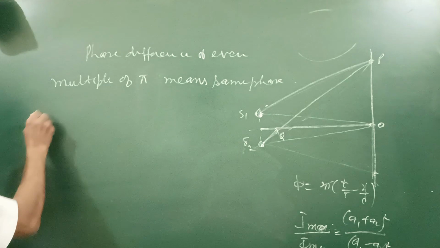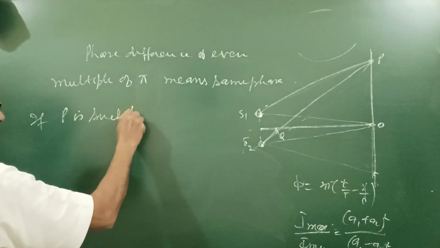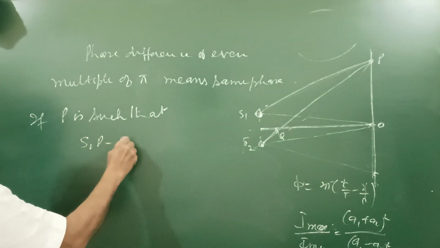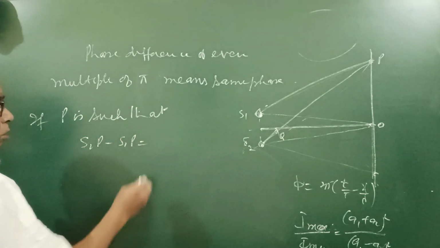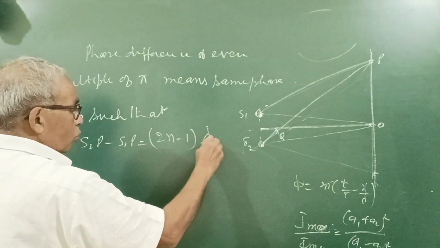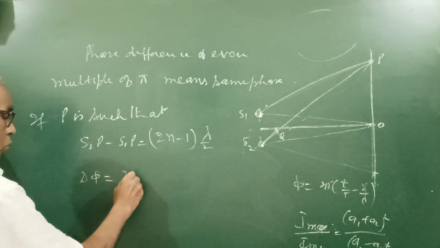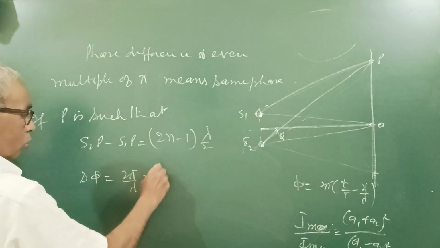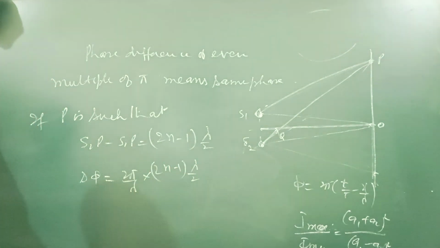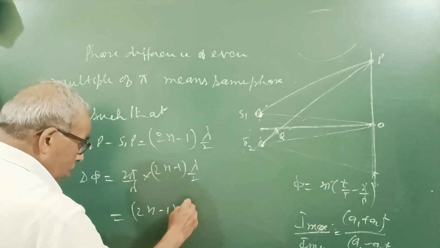Now if P is such that S2P minus S1P is equal to (2n minus 1) into lambda by 2, then delta phi will be 2 pi upon lambda into (2n minus 1) lambda by 2. So it becomes (2n minus 1) pi.